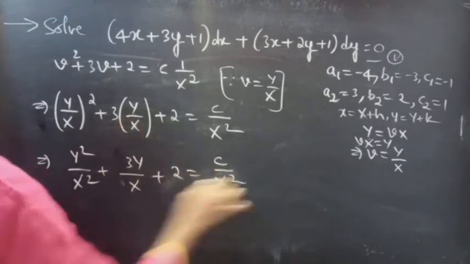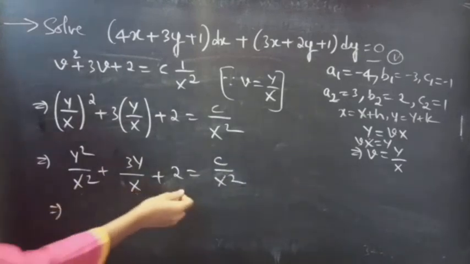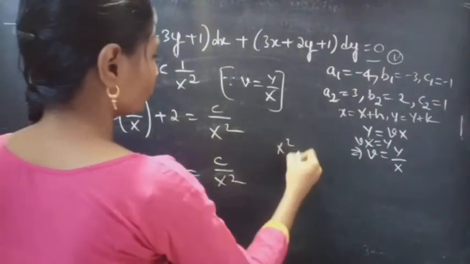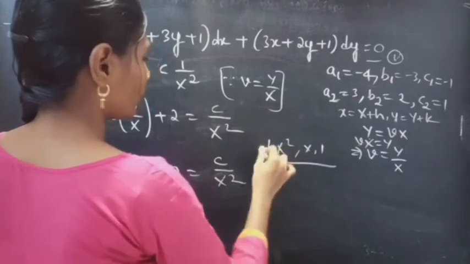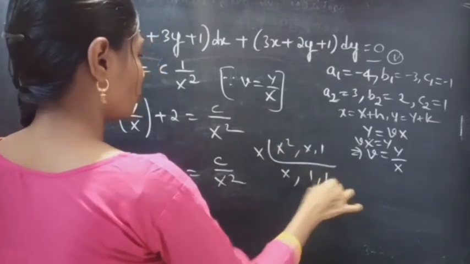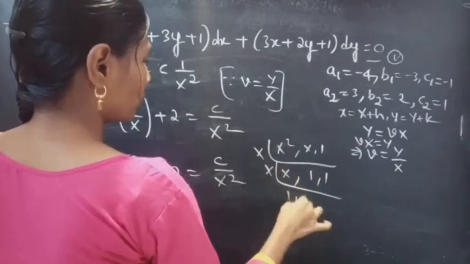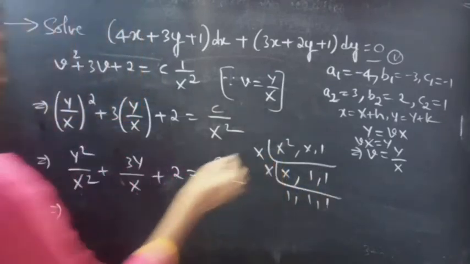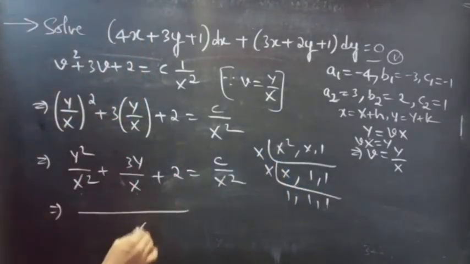Take the LCM of x square, x and 1; x square is the LCM.